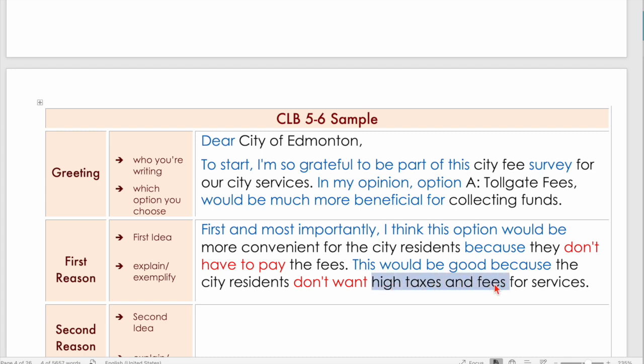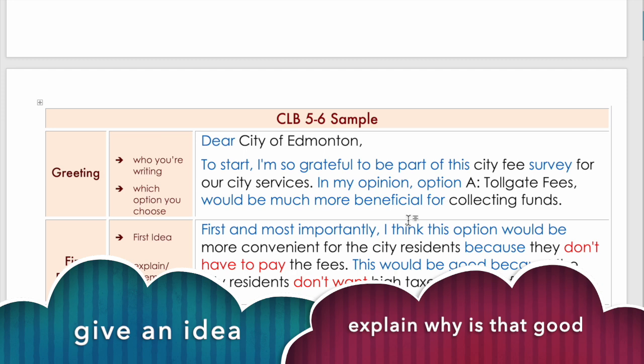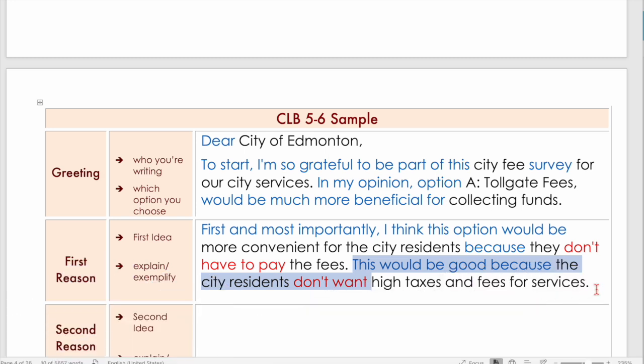We don't want to pay more. Okay? We don't want to pay. So, very good, everyone. So, we gave an idea. It's more convenient. And then we said, why is that good? We don't have to pay. Okay, very good, everyone. So that was our first reason.